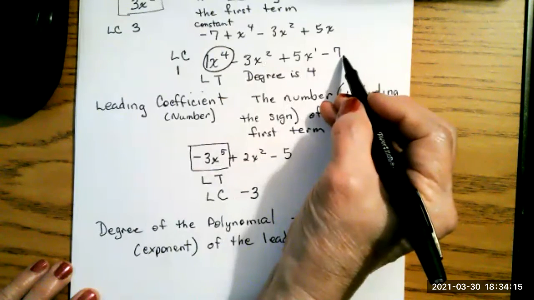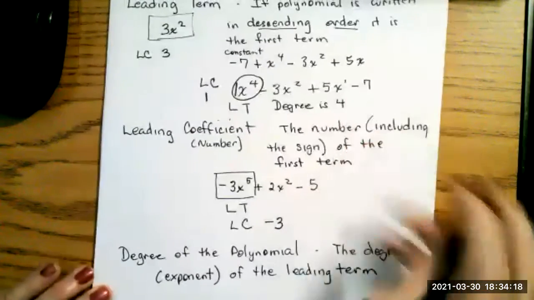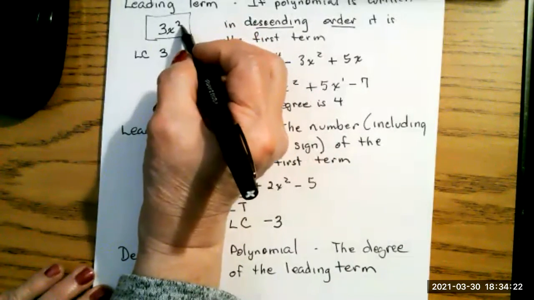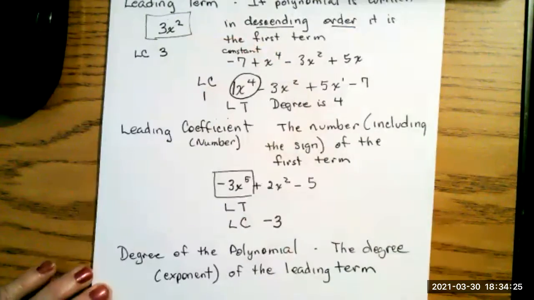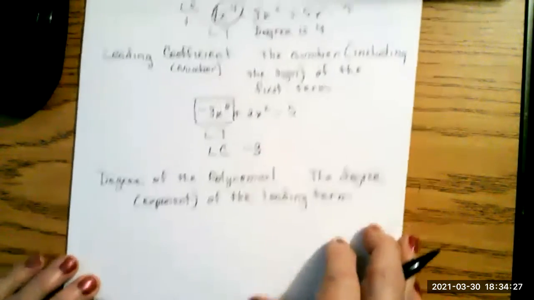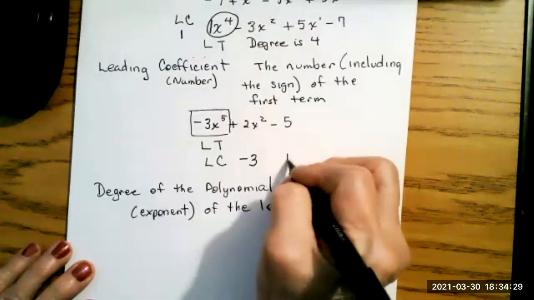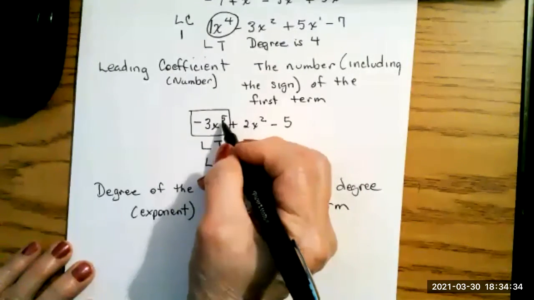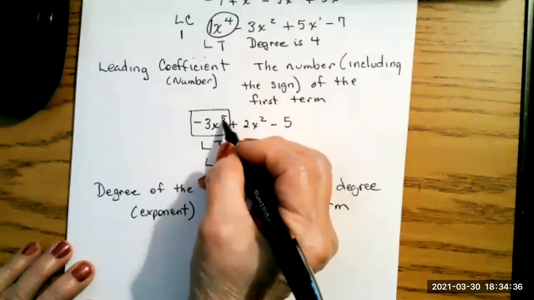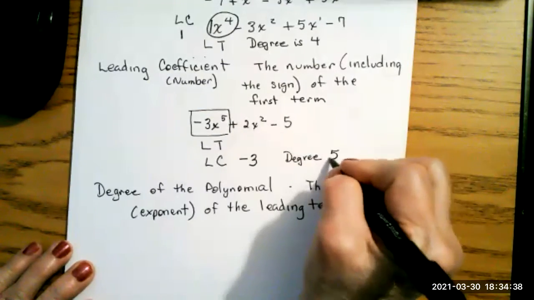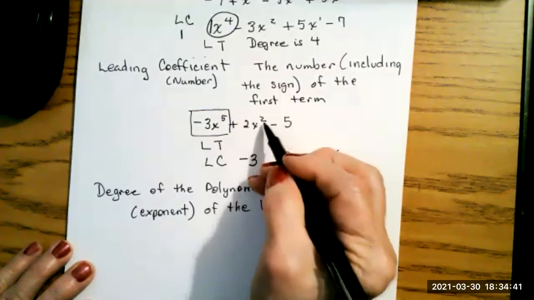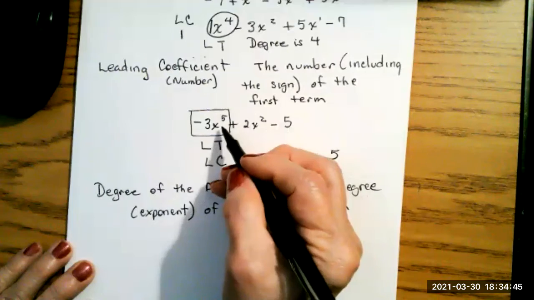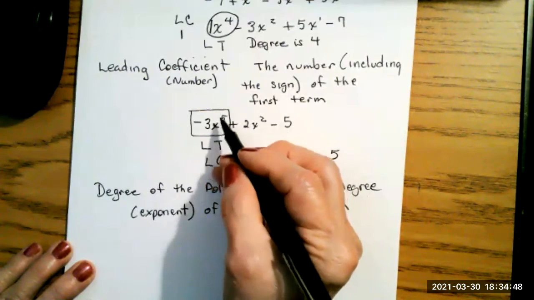There's no x on it. Up here in my 3x squared, I would say that degree is 2 because of the little exponent 2. In this case down here, my degree would be the degree of the highest one, the leading one, which is 5. So the degree is 5 there. This one has a degree of 2 and this one has a degree of 0. But my highest one, the one of the leading term, is 5.